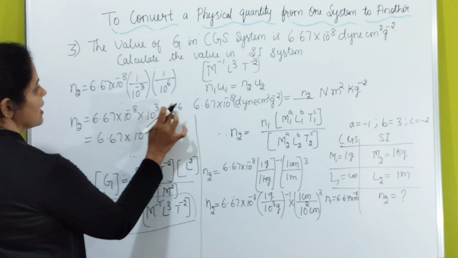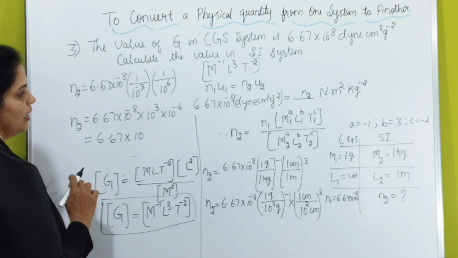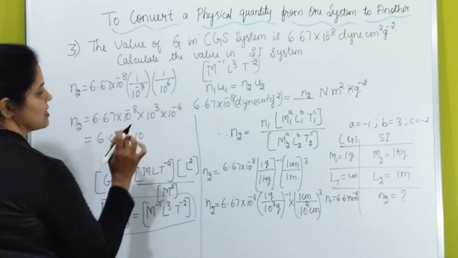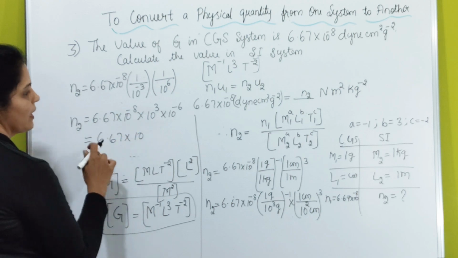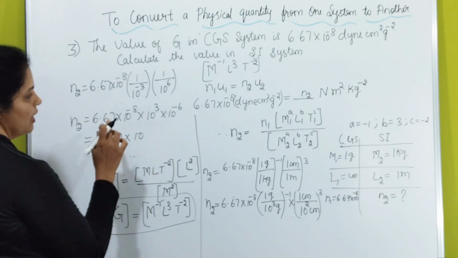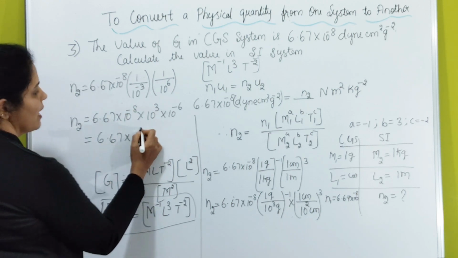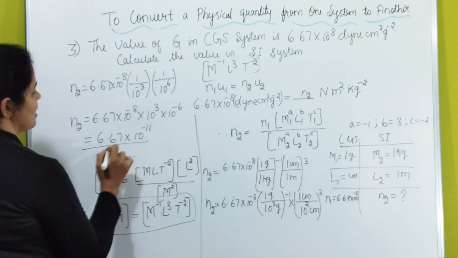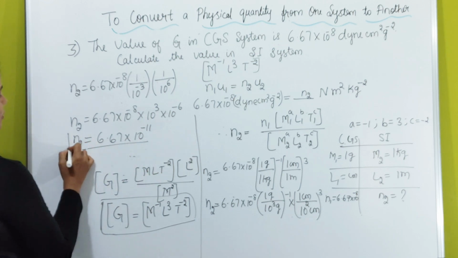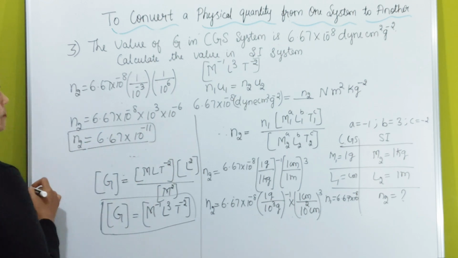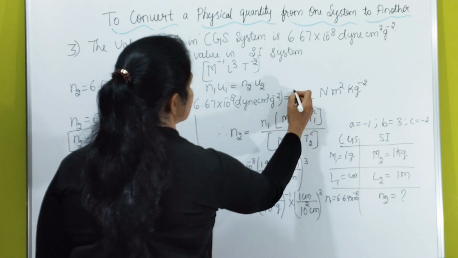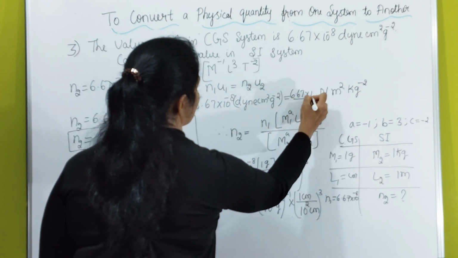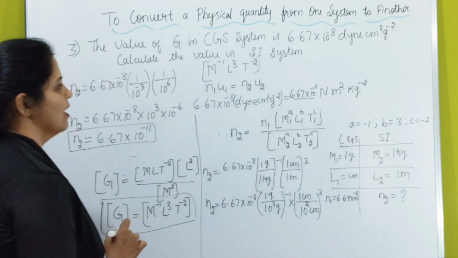Minus 8 minus 6 is minus 14. Minus 14 plus 3 is minus 11. Minus 11 is the answer. N2 is how much? 6.67 10 to the power minus 11 is the answer.